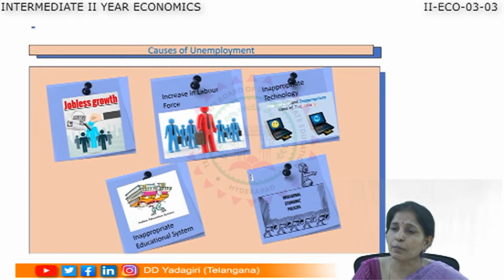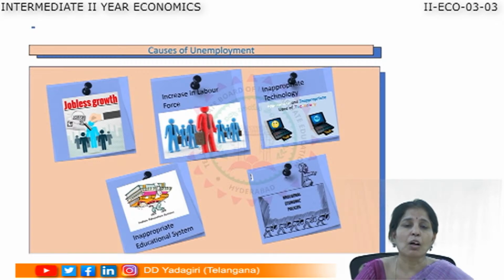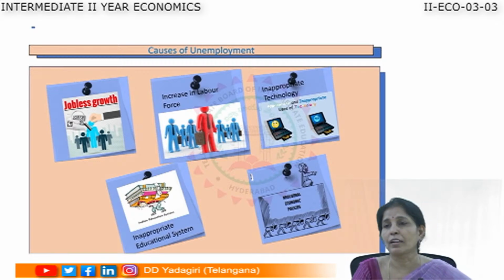Unless and until we exploit our resources, we cannot create employment opportunity. So we have to increase the production, we need to exploit our resources, and the growth should also be able to create more and more employment opportunities. If that is failing, then the rate of unemployment increases.